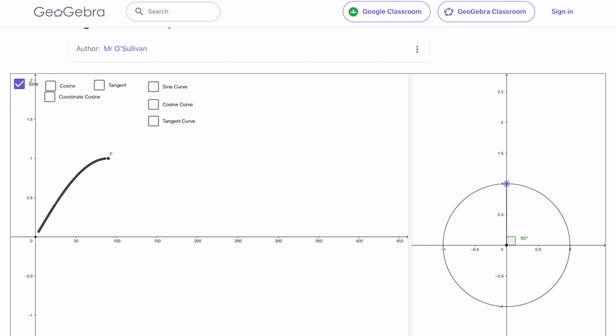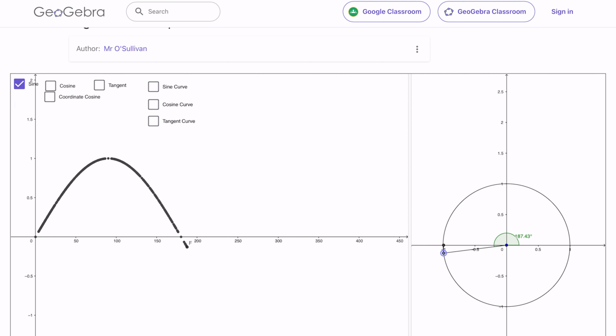Now, when the angle becomes obtuse, the y value decreases. So the graph goes down all the way until the angle is 180 degrees, where it equates to 0 again.